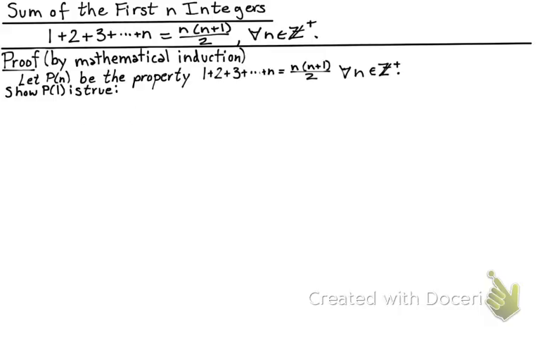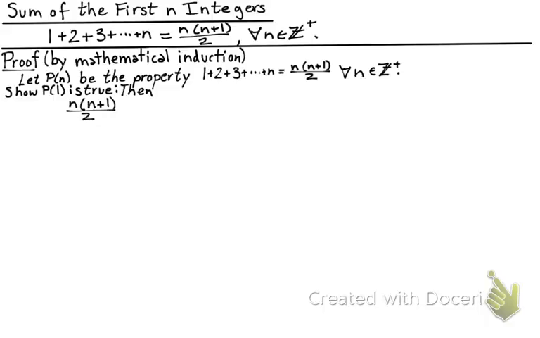So in our basis step, we know n equals 1. So our left-hand side is simply going to be 1. And our right-hand side, the equation says n times n plus 1 over 2.